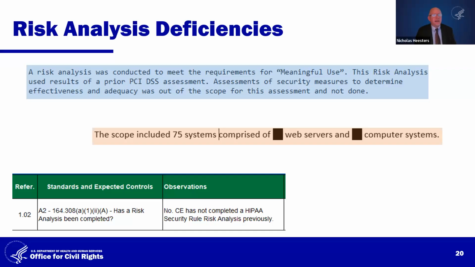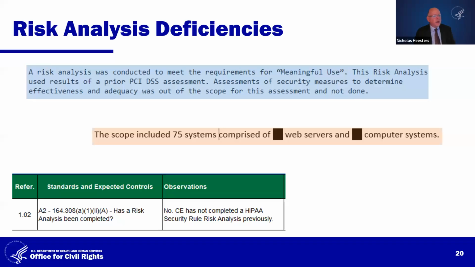So to the extent that security measures are in place, to the extent that those reduce the risk to ePHI, and how that reduction in risk is captured and understood and documented for the risk analysis process, to the extent that that's not done, we're not going to have an accurate and thorough risk analysis. So all kinds of issues that need to be addressed in this one.